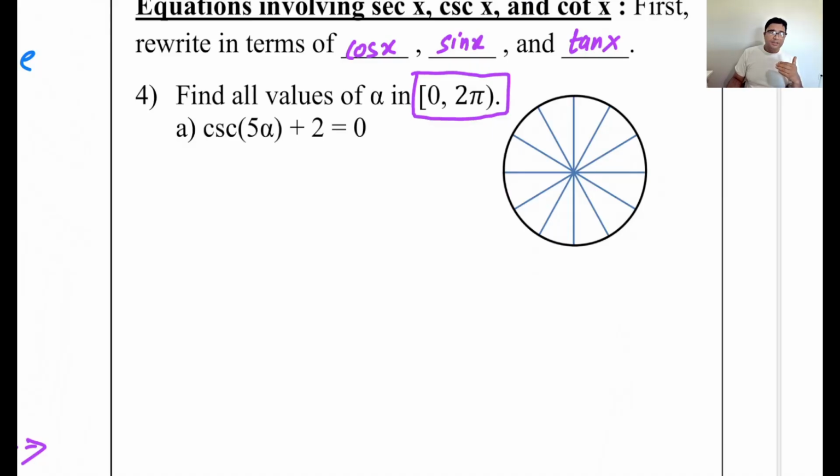The second type is write solutions in this range. And that range typically is from 0 to 360 degrees, because it makes sense. That will be one full round of angles, starting with the x-axis and back to the x-axis. That is why even the 2 pi is not included, because that is the same as 0.